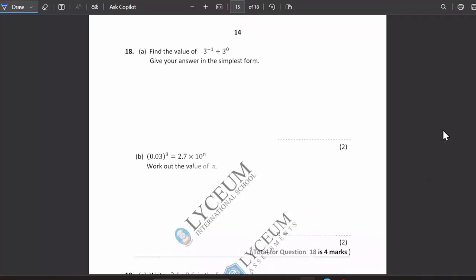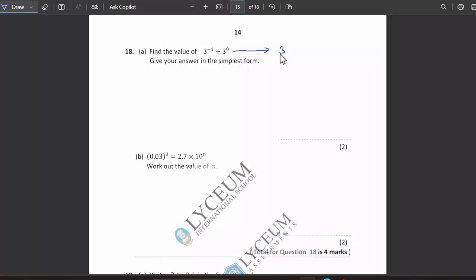Okay. So the 18th question. Now, in this question, they are telling us to give your answer in the simplest form. It contains these two indices.